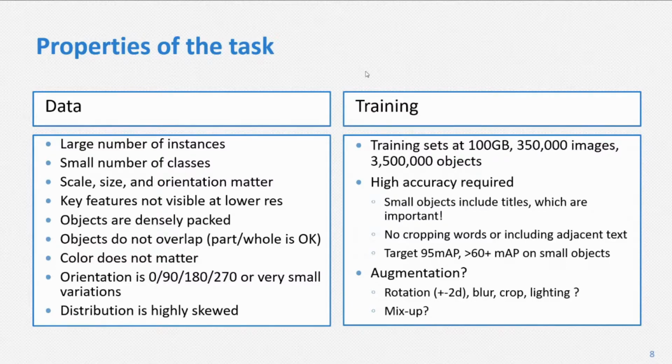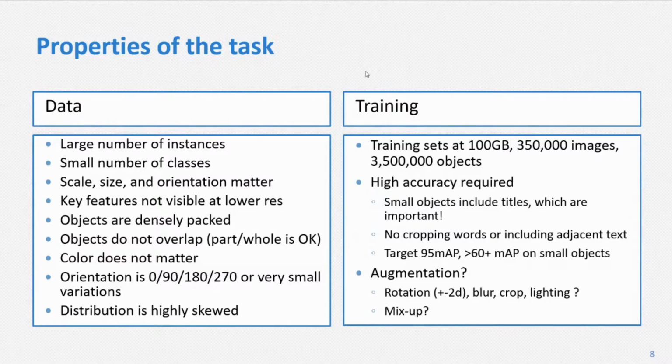High accuracy is required. Small objects like titles turn out to be very important. Little overlaps between boxes, or getting the bounding boxes a little bit wrong, where that means you don't include blank space but include adjacent text, is disastrous.